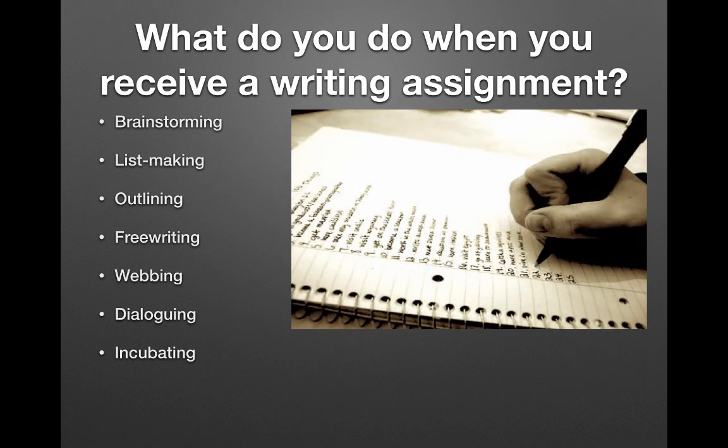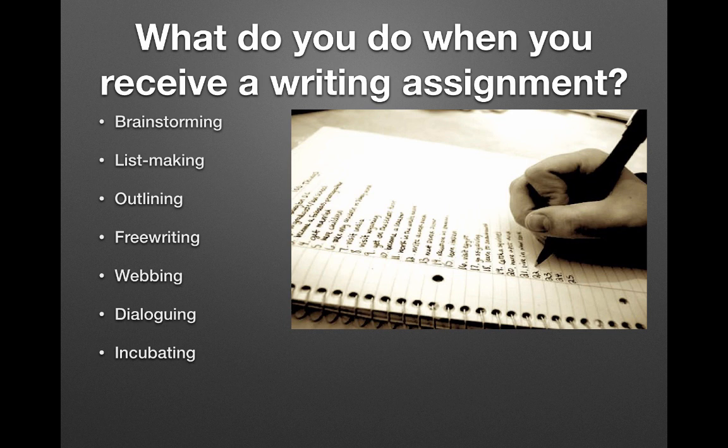So the first one that I have is list making. Whether you are trying to come up with a topic or whether you are exploring a topic once you have come up with it, these are invention strategies. So you might be jotting down possible topics, or if you already have a topic, then you're trying to unpack it a little bit, explore it in a little more detail.